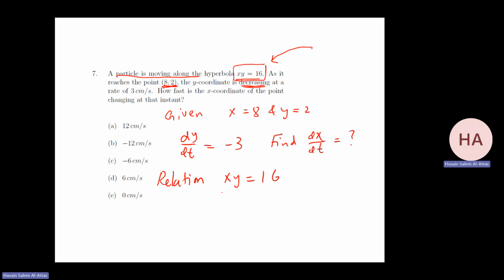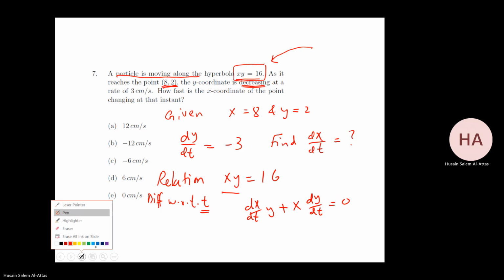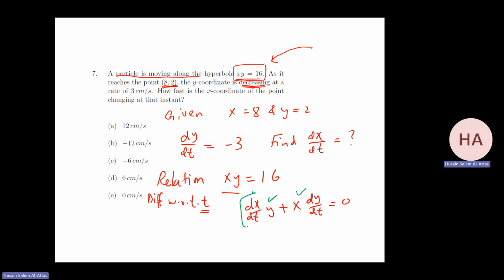Differentiate with respect to t, not x. Be careful. So I have derivative of the first, dx by dt, times the second, plus the first times the derivative of the second, equal to 0. We notice that y is given, x is given, dy by dt is given, and dx by dt is what I'm looking for.